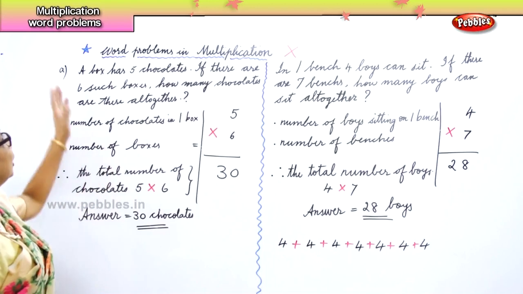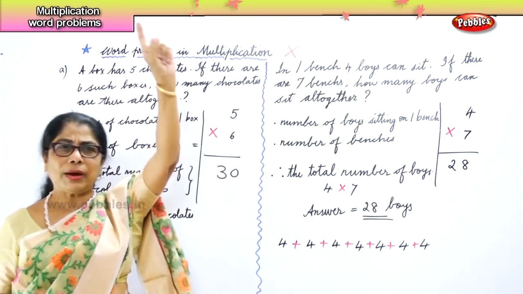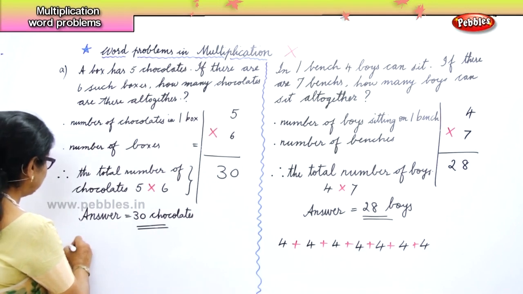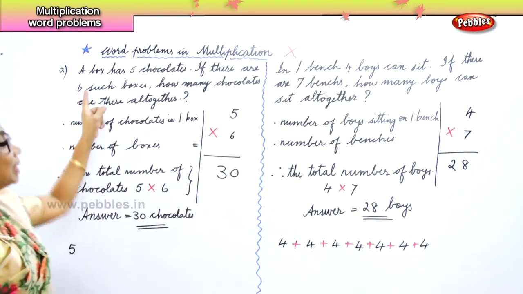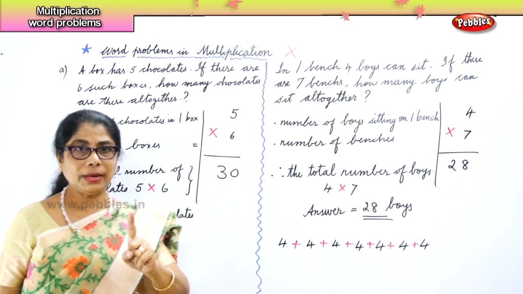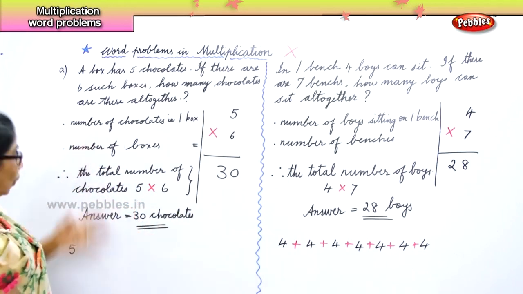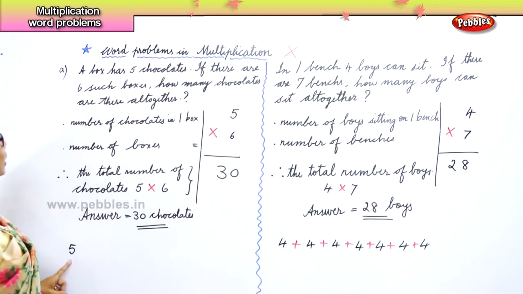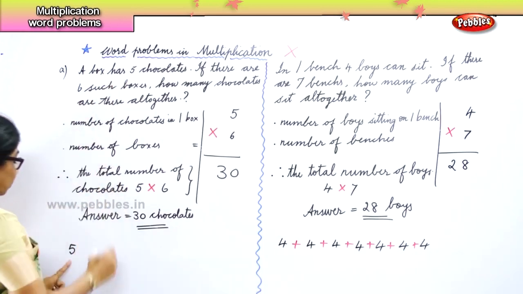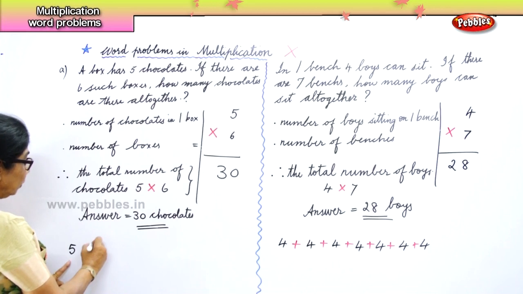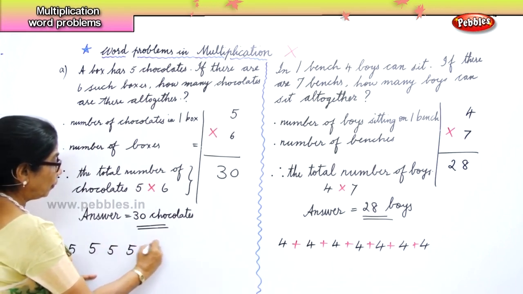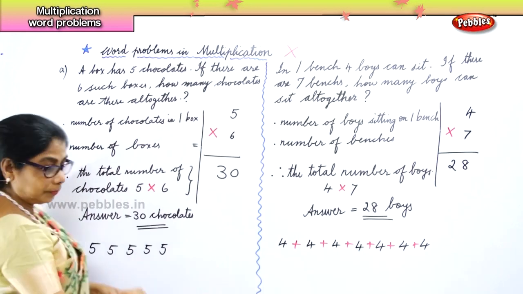Now here you have 5 chocolates in one box. How many chocolates in one box? 5. How many boxes are there? 6. So we are trying to find out how many chocolates there will be. 5 in one box, so 6 boxes: 1, 2, 3, 4, 5, 6.